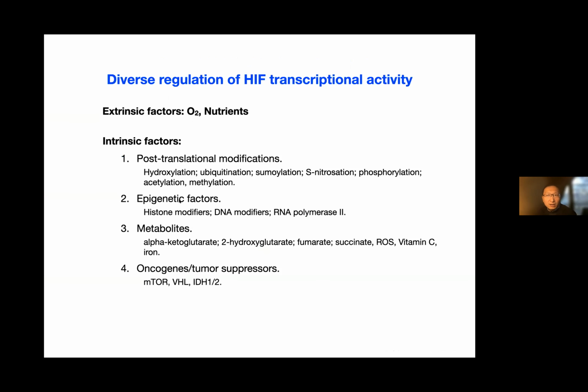HIF transactivation also requires epigenetic regulators to modulate chromatin accessibility. The hydroxylation requires alpha-ketoglutarate as a cofactor, so many metabolites that affect alpha-ketoglutarate can also affect HIF protein stability and transcriptional activity. Finally, oncogenes and tumor suppressors, for example, mTOR, VHL, or IDH, can control HIF transcriptional activity.